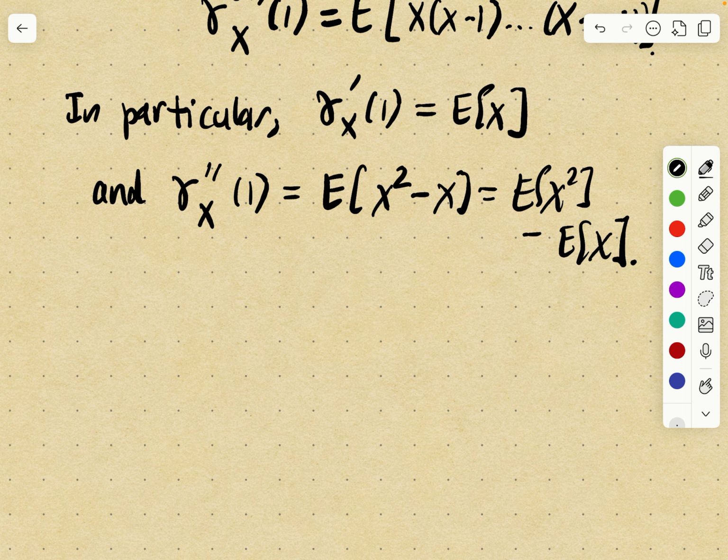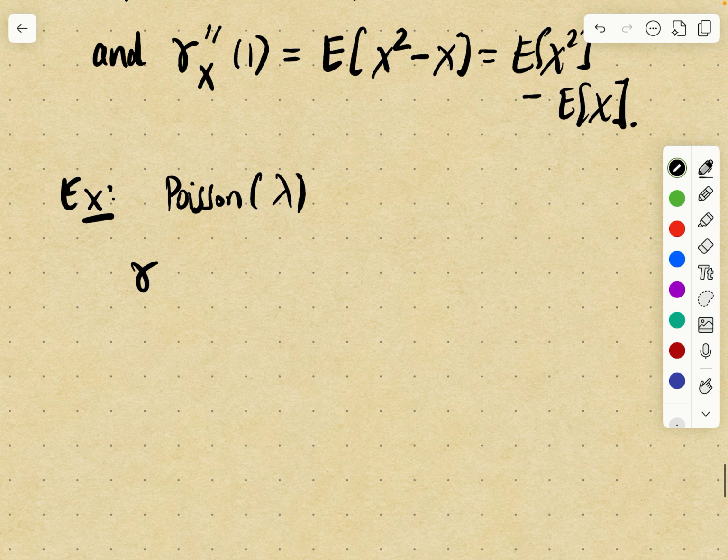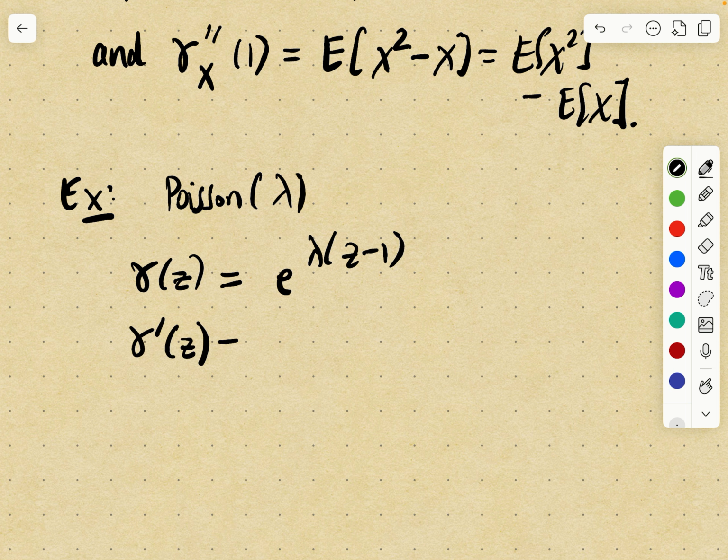I'm not going to prove this, maybe in a different video, but we'll just look at the case of the Poisson distribution. We just found above that the generating function is e to the lambda times z minus 1. So when you take the derivative, you're going to get e to the lambda times z minus 1 times lambda, right?